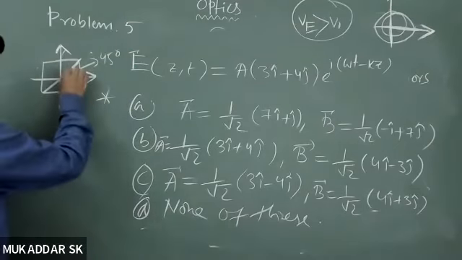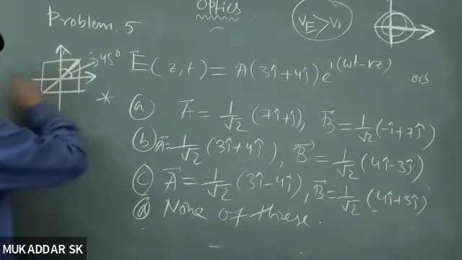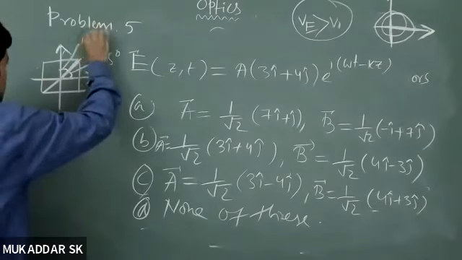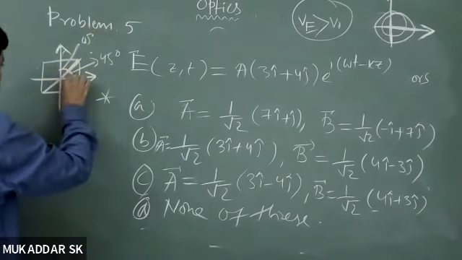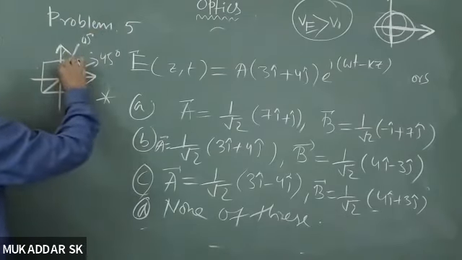So if this is 45 degree, then the angle between the electric field oscillation and fast axis ये कितना होना चाहिए? ये भी 45 degree होना चाहिए, right? Because this total is how much? 90 degree. So if this angle is 45 degree, obviously this angle will be 45 degree.